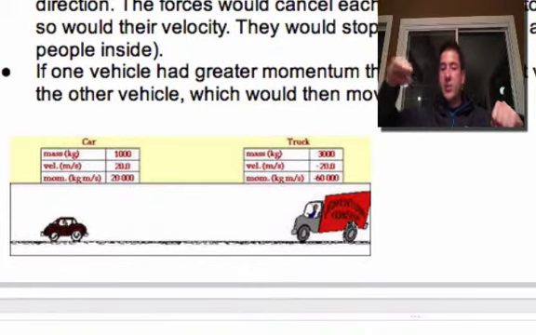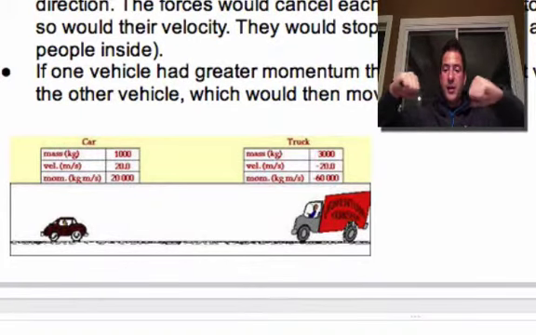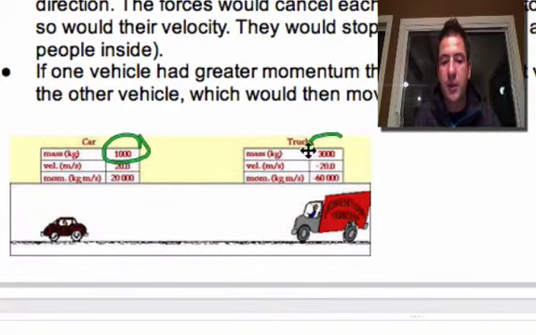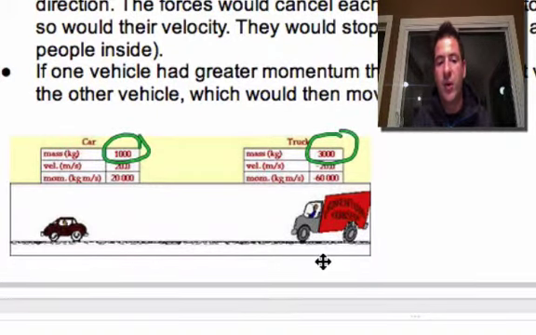But if one was larger and one was smaller, this one had more momentum, maybe because it was bigger. Take a look at these vehicles: which one has more mass? 1,000 kilograms here, to 3,000 kilograms here. More mass is going to create more force and greater momentum moving forward, this truck right here.